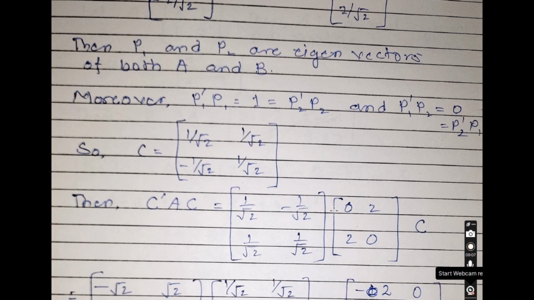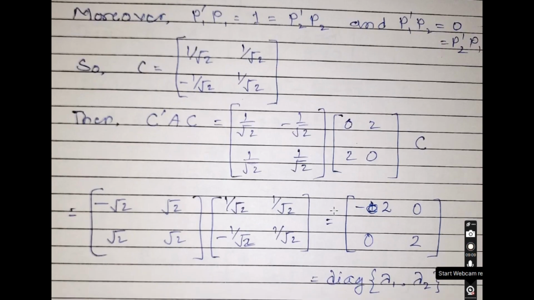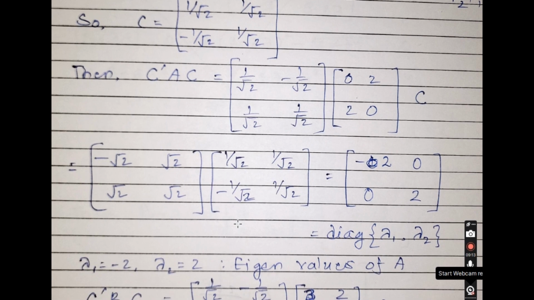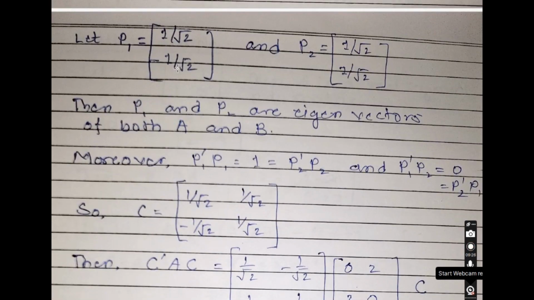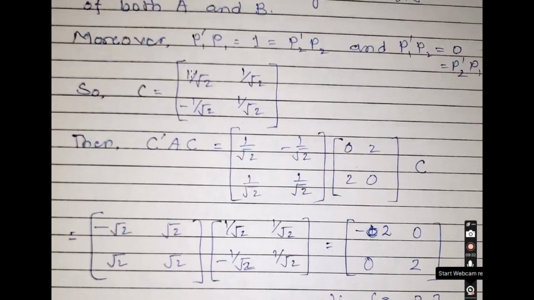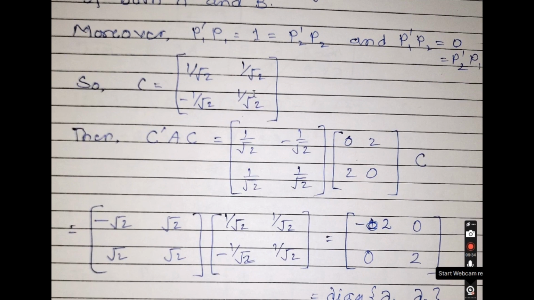So, let us see if this matrix is actually working or not. C prime AC, if you calculate, you get the diagonal matrix like this: minus 2, 0, 0, 2. And notice that these are the eigenvalues of matrix A. Notice that 1 by root 2, minus 1 by root 2 was the eigenvector of A corresponding to the value minus 2, and so we have got minus 2 here.